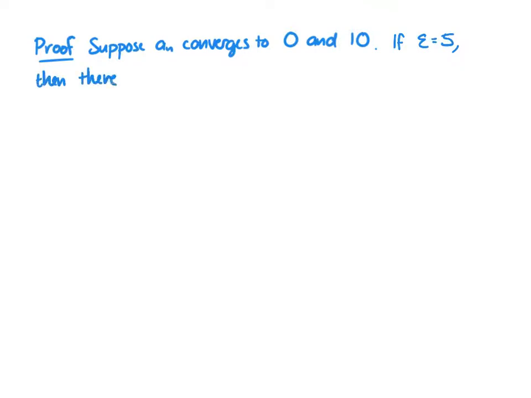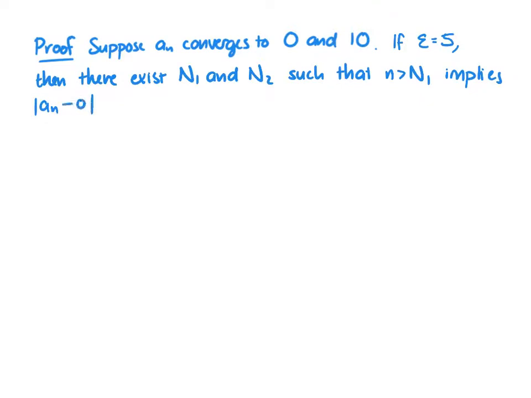then we know, because a_n converges, there exist these numbers, capital N1 and capital N2, such that n greater than N1 implies a_n is within 5 of 0, and little n greater than capital N2 implies a_n is within 5 of 10.